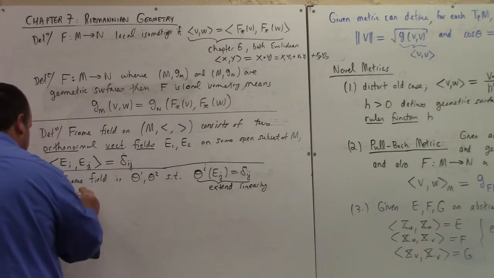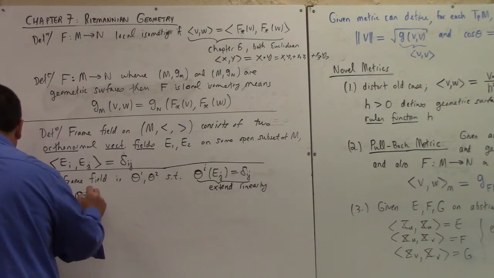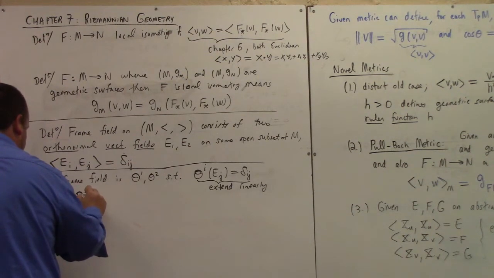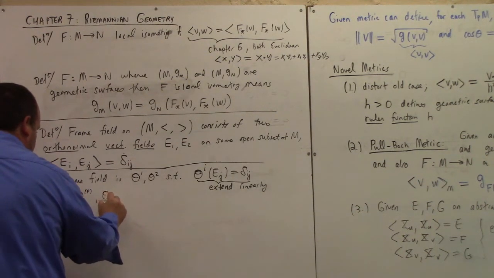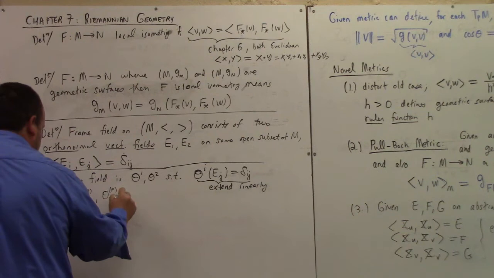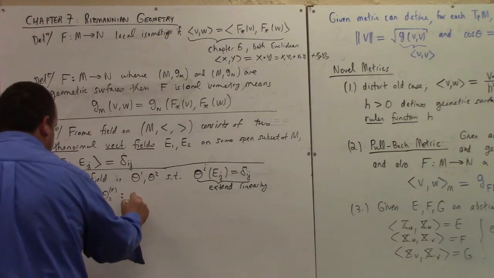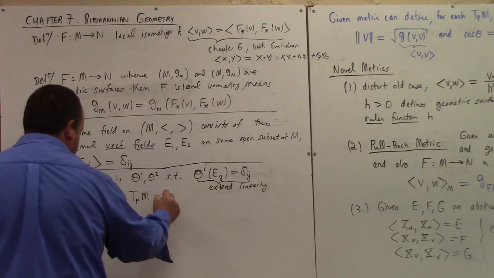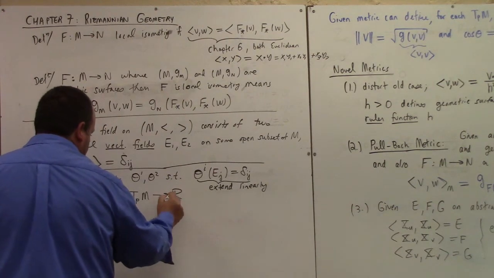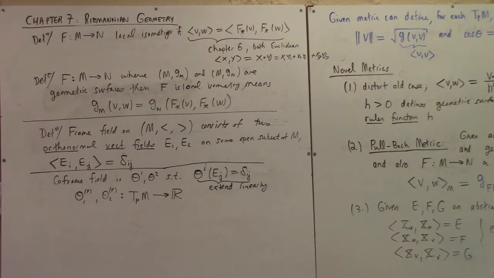In particular, just to be more pedantic for a second, just like before, theta 1 at the point P and theta 2 at the point P are linear maps from the tangent space at P to M to the reals, so-called covectors at the point P. And that's going to be possible for each P in the open set on which we're talking about.